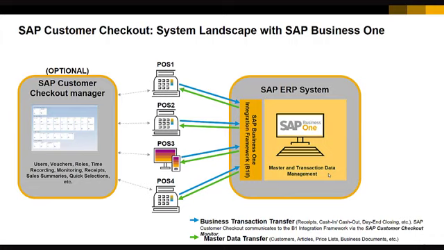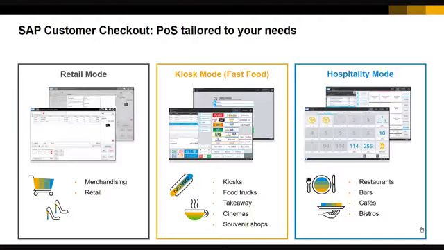SAP Customer Checkout supports three different user interface modes, namely retail mode, kiosk mode, and hospitality mode. Each of these three different user interface modes is optimized for the corresponding use case. For example, in the retail mode, you will use scanners to scan customer cards and articles.